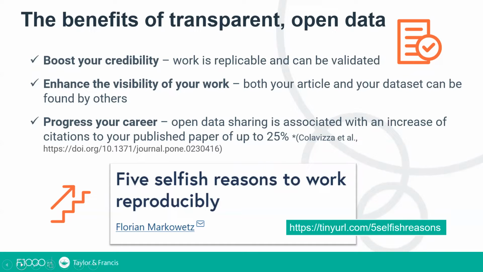Now, one needs to understand, if you share your data and deposit it in a secure, community recognized repository, you will receive something called a DOI, which is a digital object identifier, which is unique to your data set, unique to your piece of research. So if any other researcher stumbles upon your data set, they will have to cite your name as a researcher.